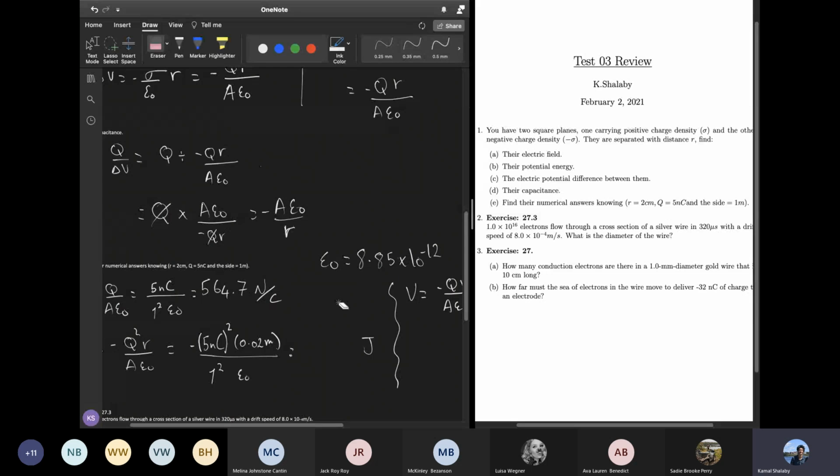That will be squared, so that will be equal to negative 5.647, just negative 5.6 times 10 to the power of negative 8.